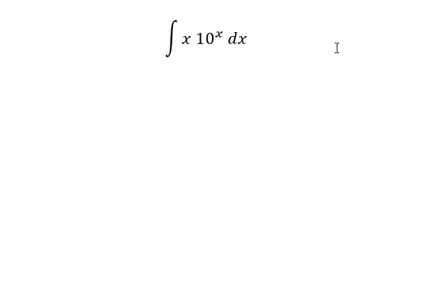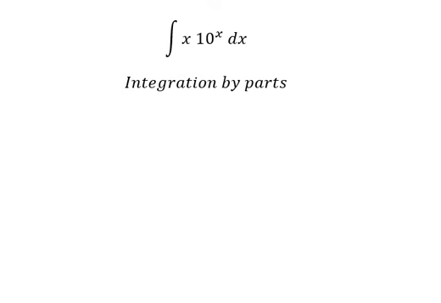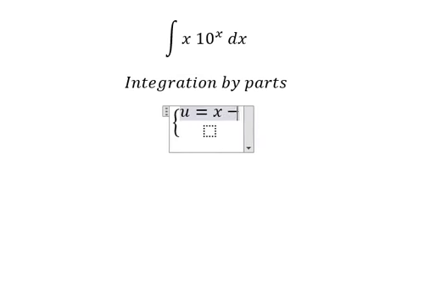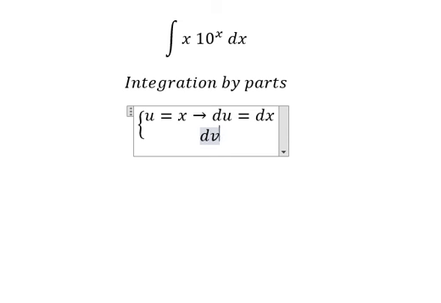Now we go to the next one. We need to use integration by parts. So I will put u equals s. Then we take the first derivative of both sides, and you get du equals ds. dv we have 10 to the power of s ds.